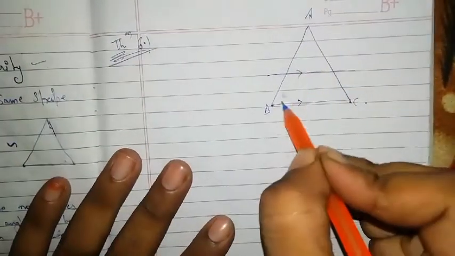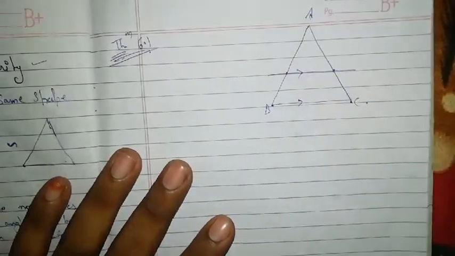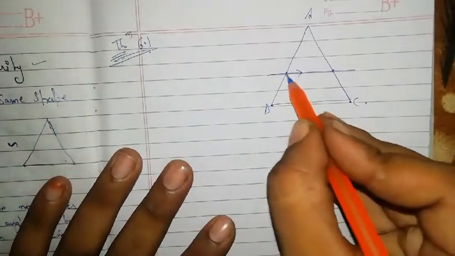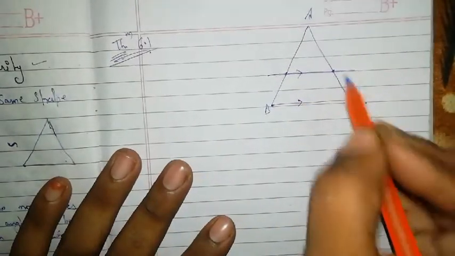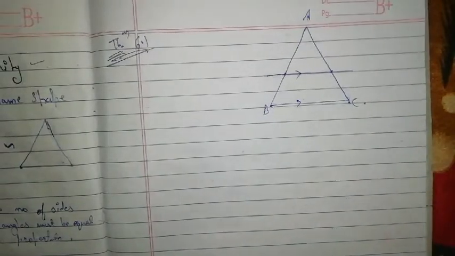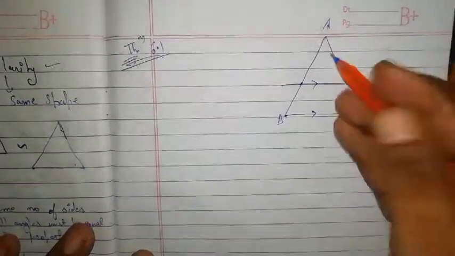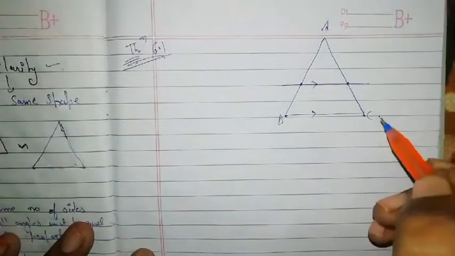Look at this line, it is intersecting the triangle at two distinct points, right. So we can say that the other two sides are divided in the same ratio, means this side AB and AC, they are divided in the same ratio.